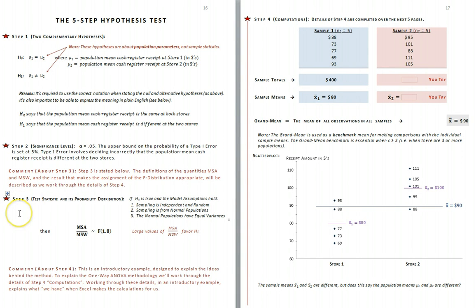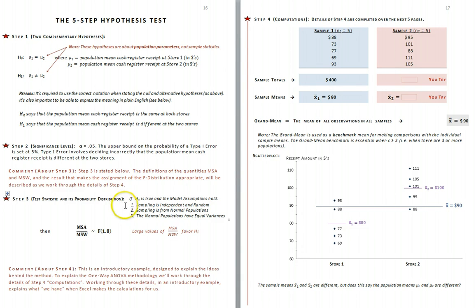Step 3 of the hypothesis testing method requires 3 things. Now, I know you're not going to know what all of these things mean yet. We will be developing those over the next several pages. But let's go over the 3 things that are required. The first thing is a statement of the model assumptions.